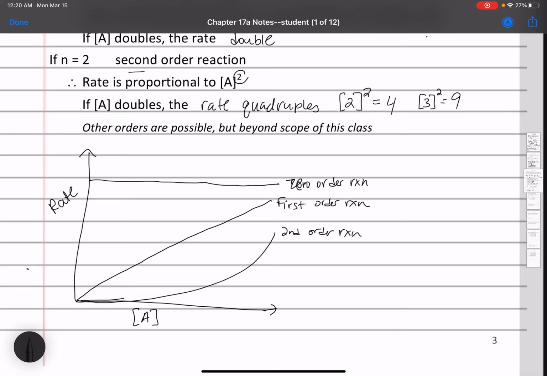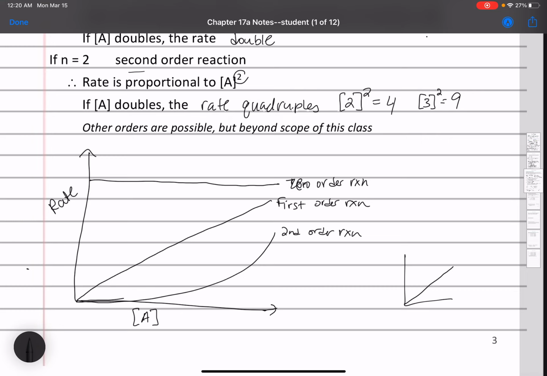Okay, so sometimes questions will just show you a graph, and it'll say, here's a graph, and as we increase the reactants, the rate of the reaction increases as well, and it forms a straight line. Is this a first order, second order, or zero order reaction? This would be a first order reaction because the relationship between the concentration and the rate in a first order reaction is linear.